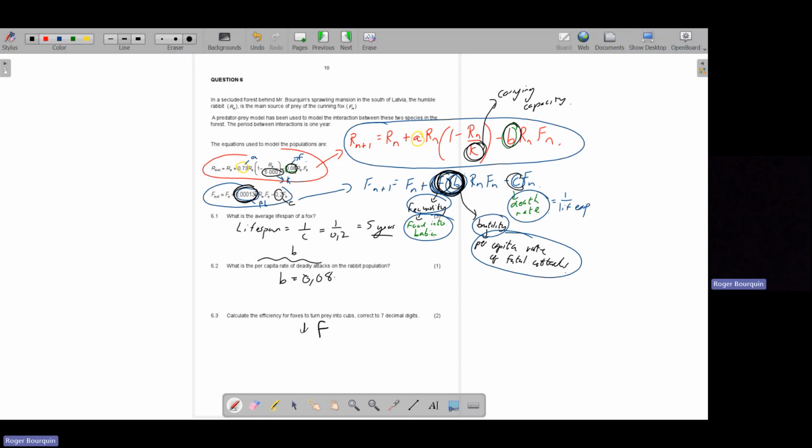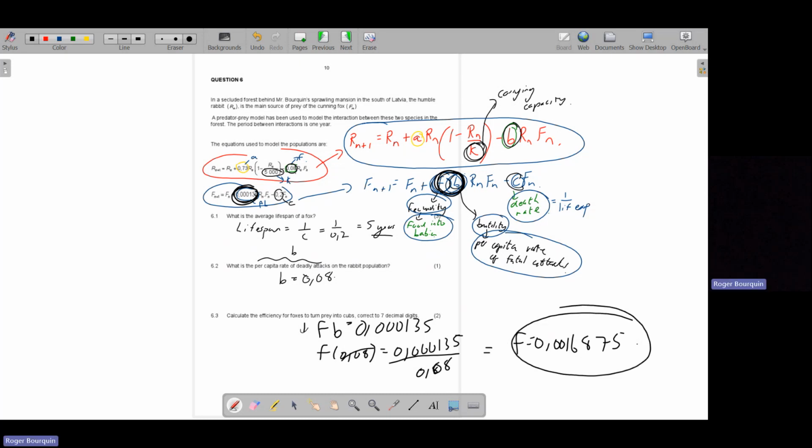F times B is equal to this number, 0.0000135. But we know that B is equal to 0.08, so F times 0.08 is equal to this number. If you divide both sides by 0.08, you can work out F, and you should get an answer of F equal to 0.001687.